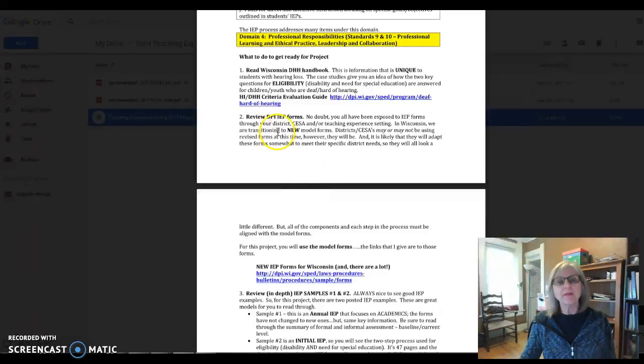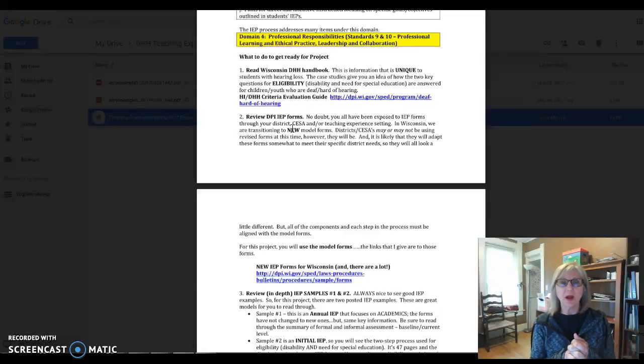The IEP forms that we link to in this project are the new forms. We are in transition here in Wisconsin. There are new revised forms that walk you through a pretty detailed process for doing an IEP.